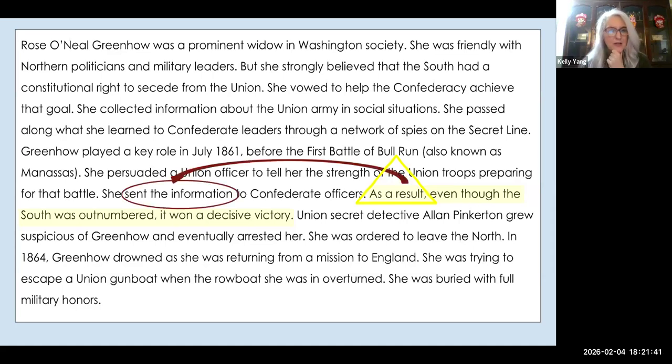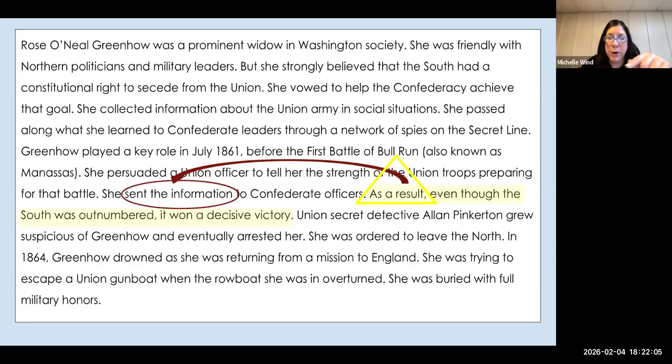And even though the South was outnumbered, it's also telling me why. But I don't know as a result of what. So I actually have to go back and read the sentences before that to find out the answer to as a result. So it's a really complex sentence to figure out.